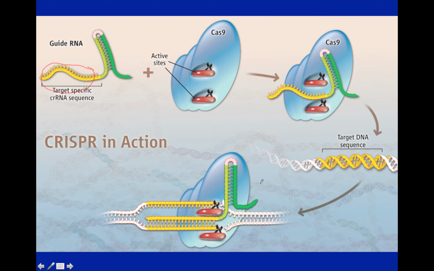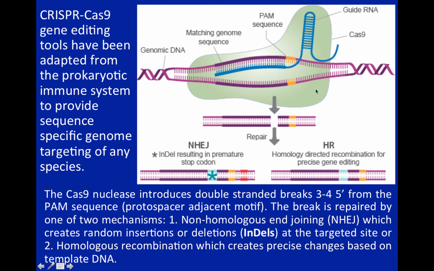Because the Cas9 has the helicase activity and the endonuclease activity, it can precisely position where in the genome the Cas9 enzyme cuts the DNA.